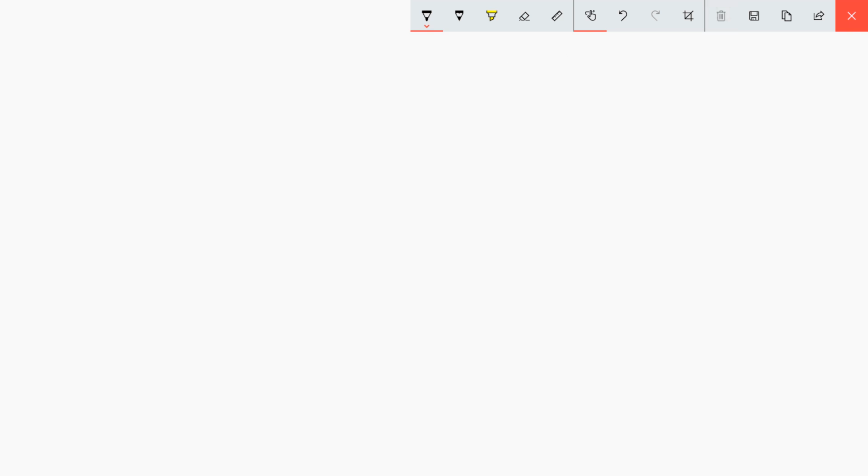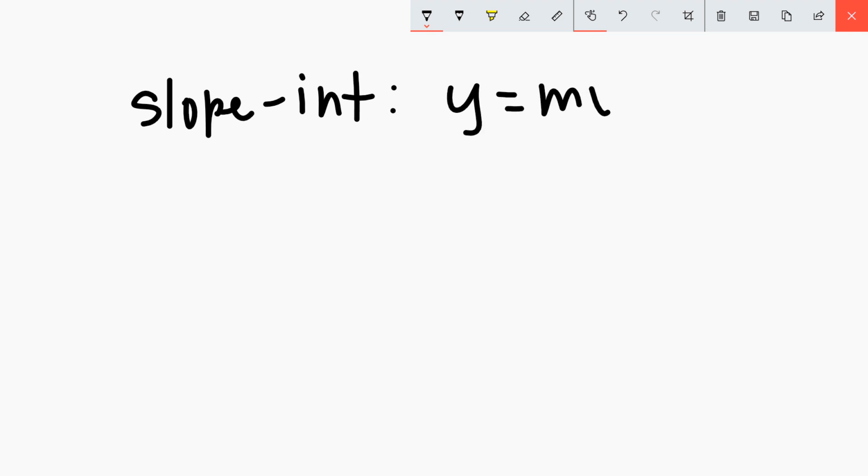Let's review the 3 different forms that we have. Remember your slope intercept. You've got your y equals mx plus b.